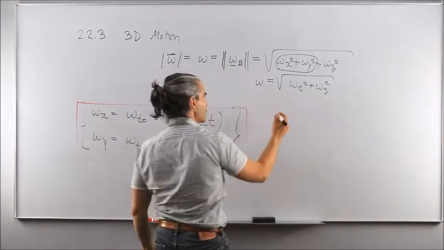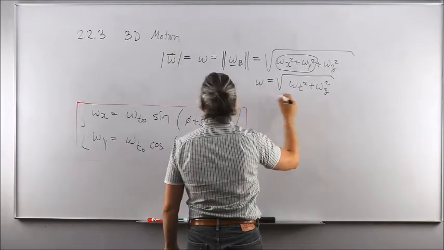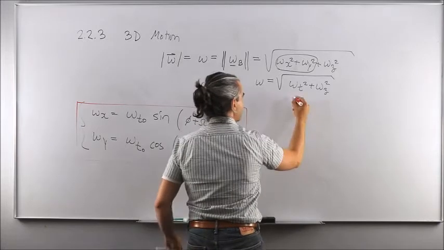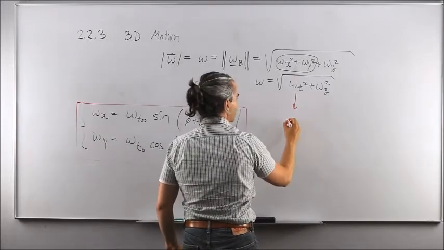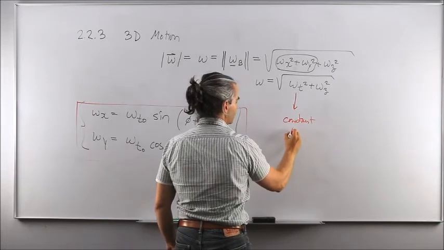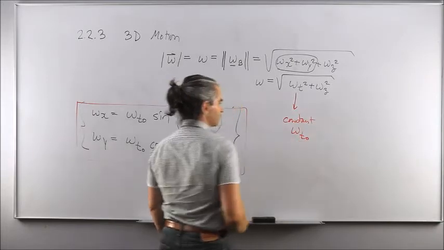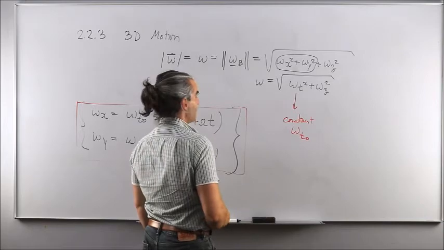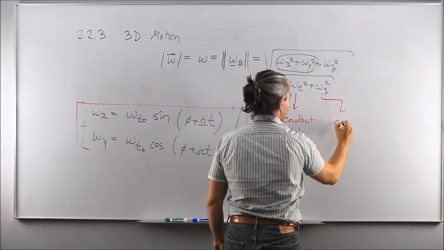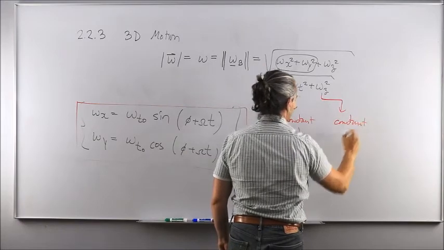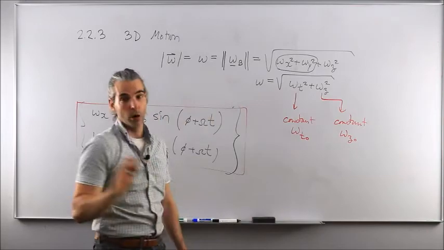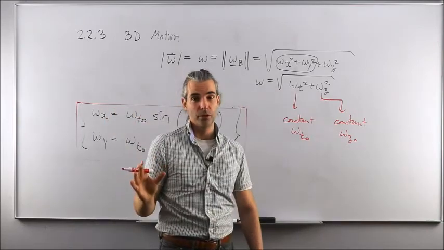But hey, we've just established from before, from 2.2.2, that this was a constant, and a constant actually equal to its initial value, omega t naught. But from 2.2.1, we had also established that omega z was another constant equal to its initial value, omega z naught. Whoa, this is mind-blowing, isn't it?